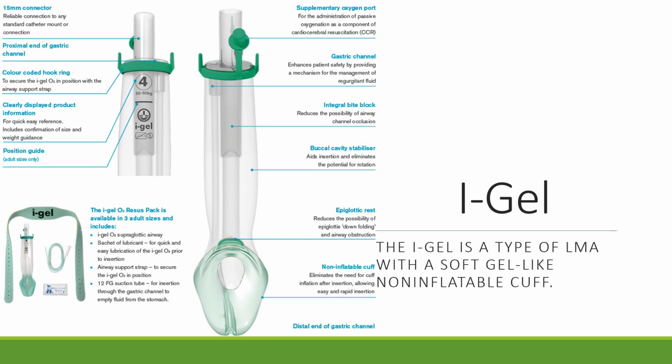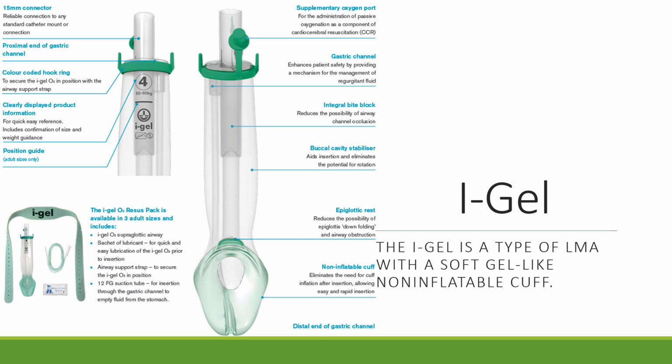It's all the same company, with just a couple of different models. It has a built-in bite block and a built-in OG suction. That OG is meant to go down into the esophagus to decompress the stomach. If you need to suction from the iGel down to the trachea, just go down the normal tube.